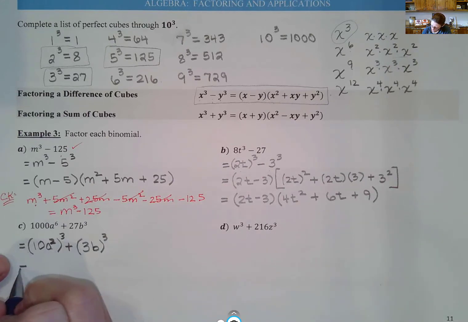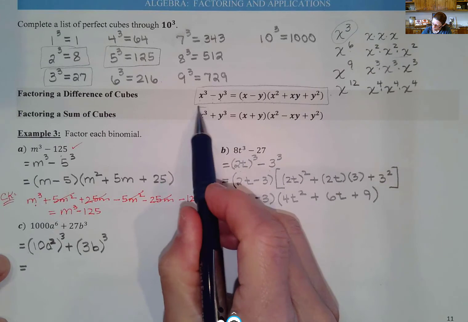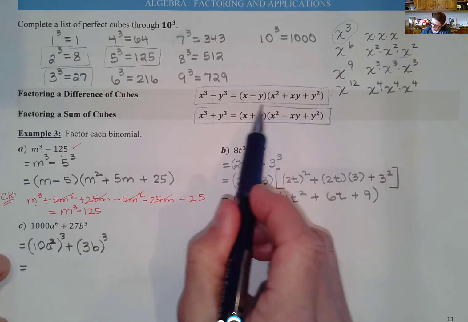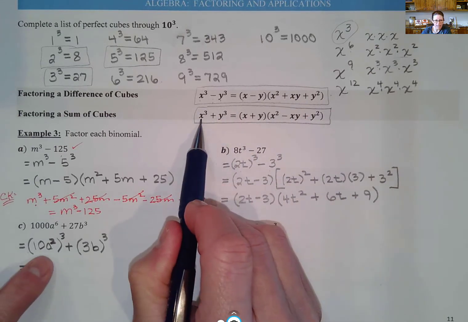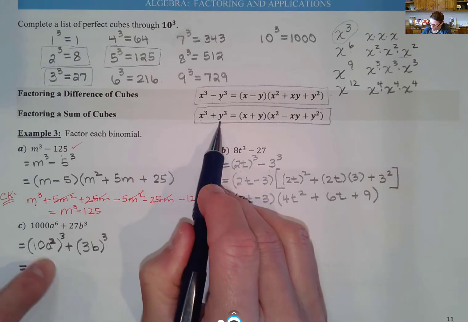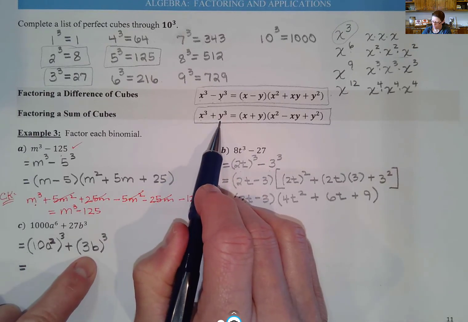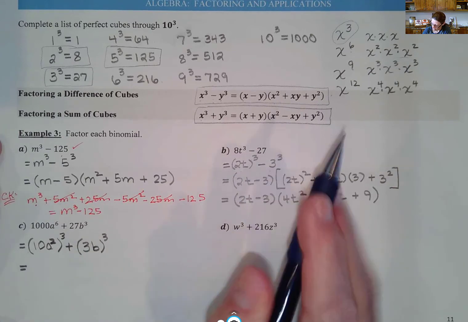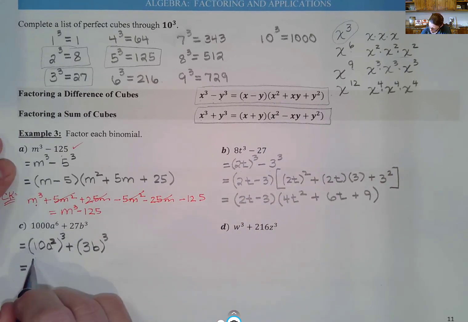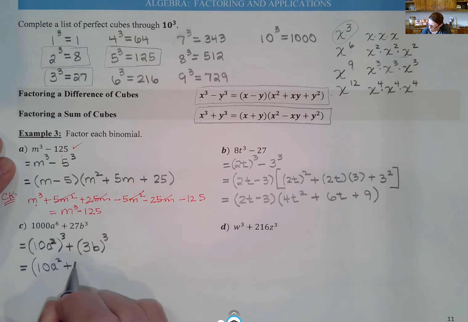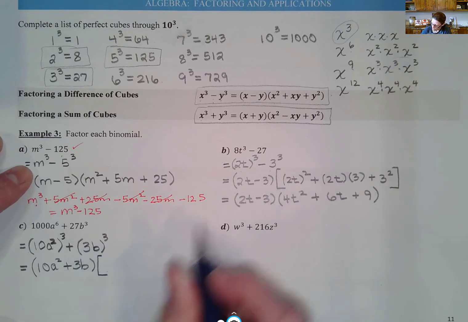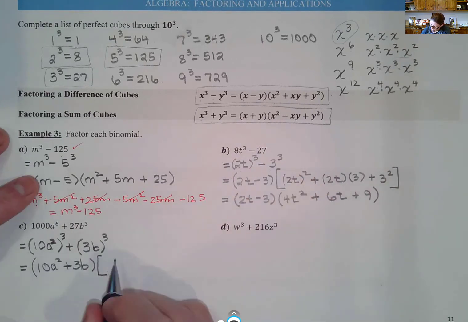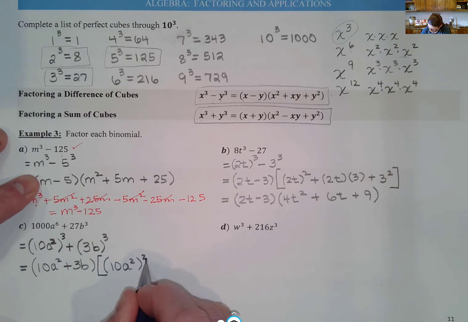So in our formula for the sum of cubes, our second one, replace x with 10a squared, replace y with 3b, and we're looking at the right-hand side of this, right? So we'll have 10a squared plus 3b times, okay, in place of x squared, we write 10a squared squared.